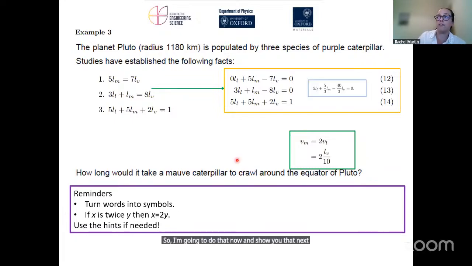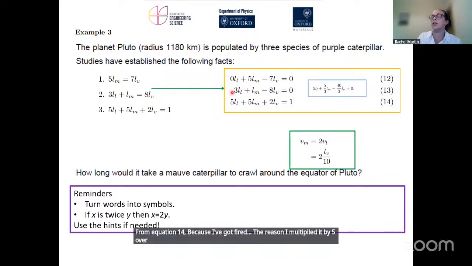You might have taken a different route, but if I multiply equation 13 by 5/3, I'm going to then subtract that equation from equation 14 because I've got 5LL there, 5LL there. The reason I multiplied it by 5/3 was to get an equivalent amount of the length of lilac caterpillars. So it's quite a mouthful, this question.